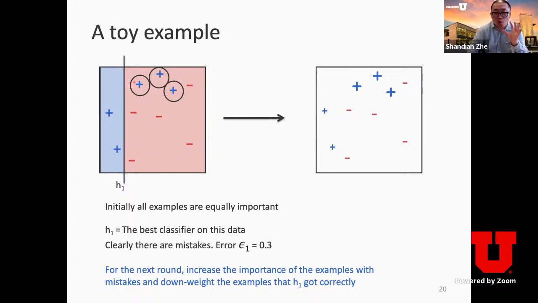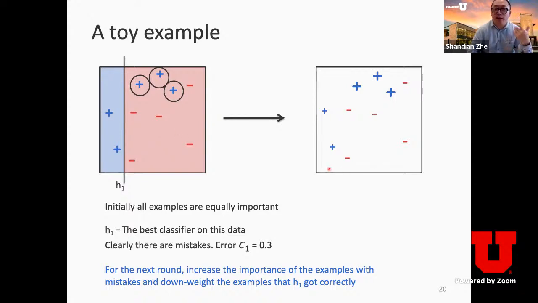So see that here we made 3 mistakes with H1, and then we're gonna increase its weights. So you can see the size is enlarged, just representing their weights are enlarged and they're more important. At the same time, we shrink the weights for the correctly predicted examples.